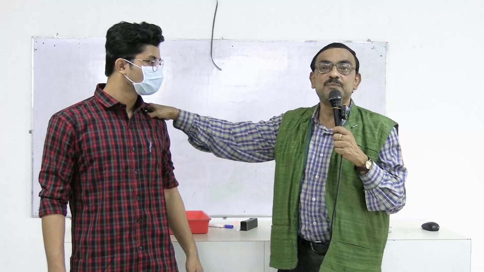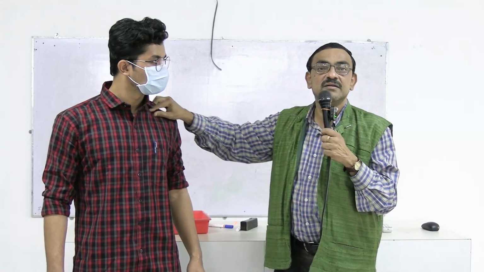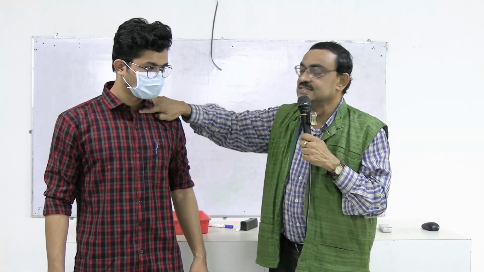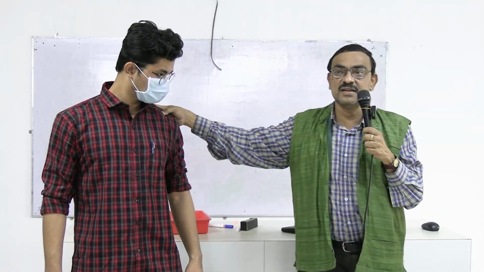Before that, I should go to the tip of the coracoid process. First, we have to feel the clavicles. This is the sternal end, and if we go laterally, this is the acromial end.